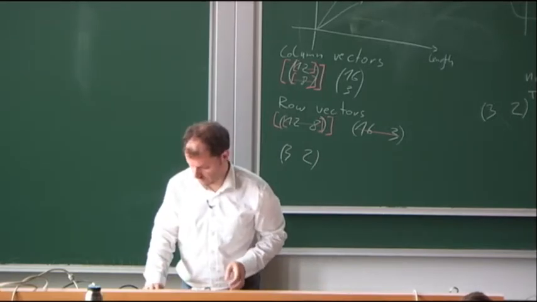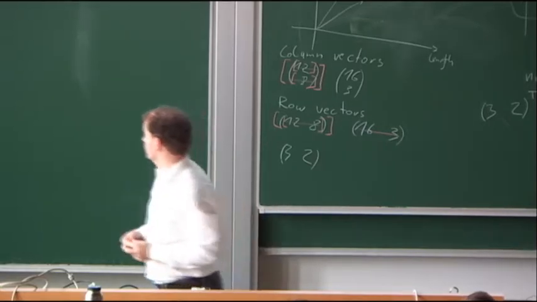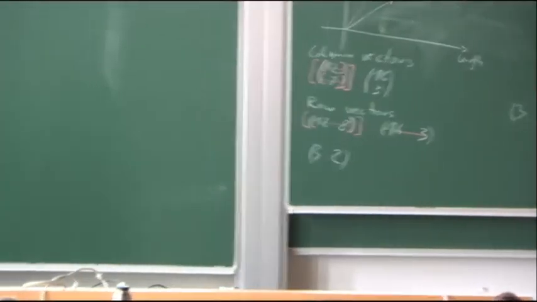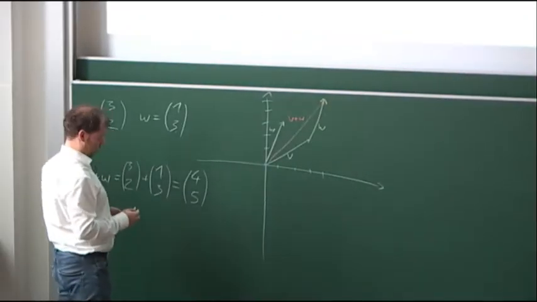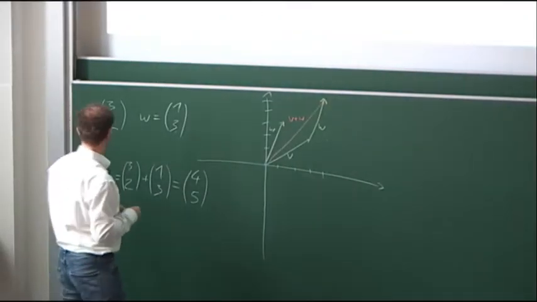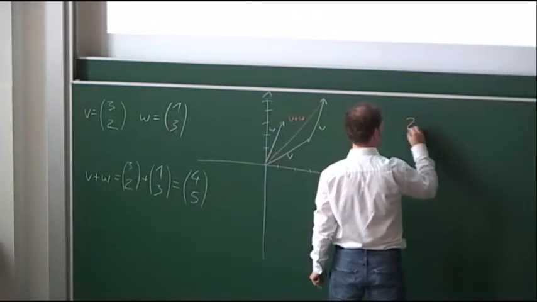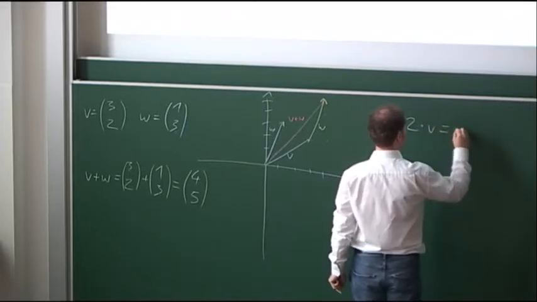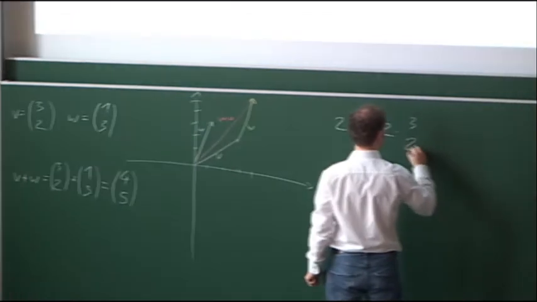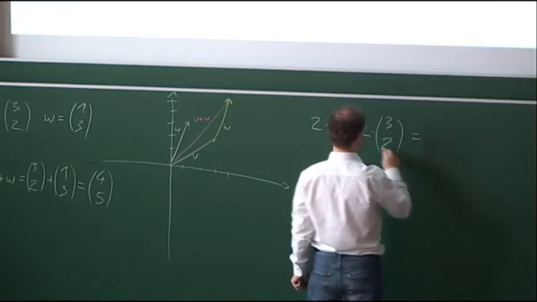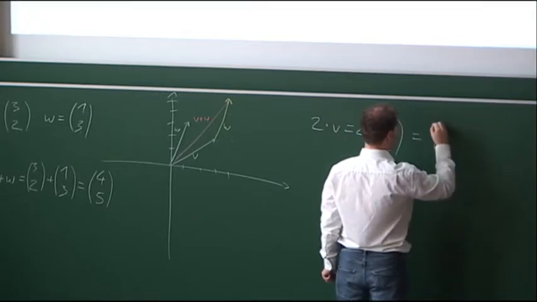What we can also do is scale vectors. We can multiply them by numbers. For example, let's take this vector v. v was 3, 2. So 2 times v is 2 times 3, 2, and then you just multiply each individual element. So this is 6, 4.